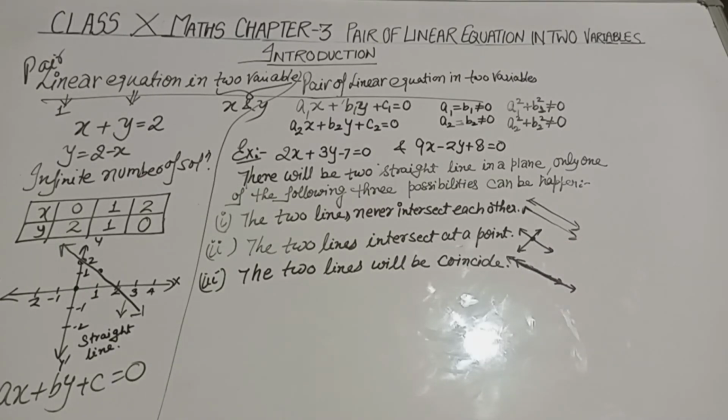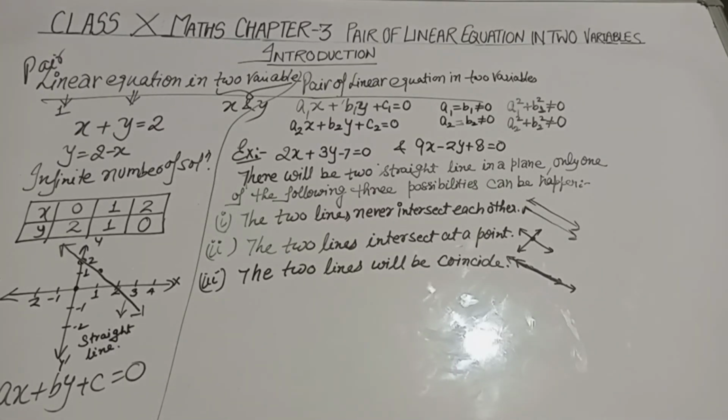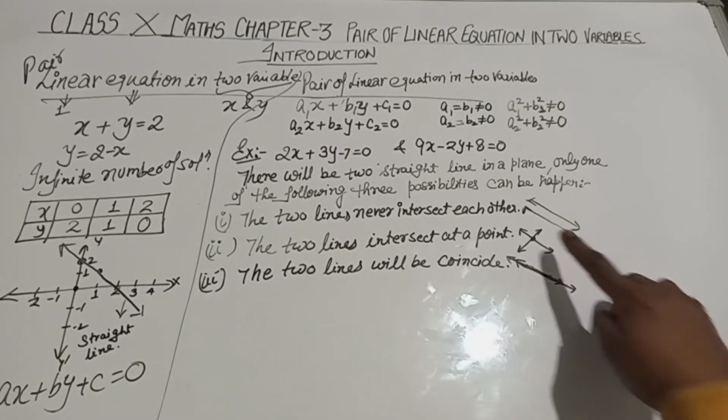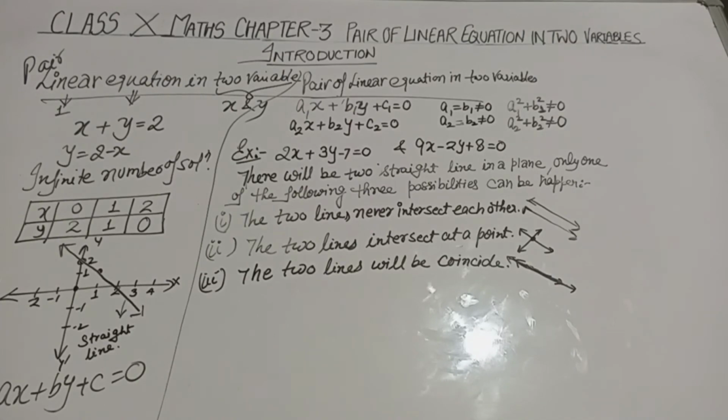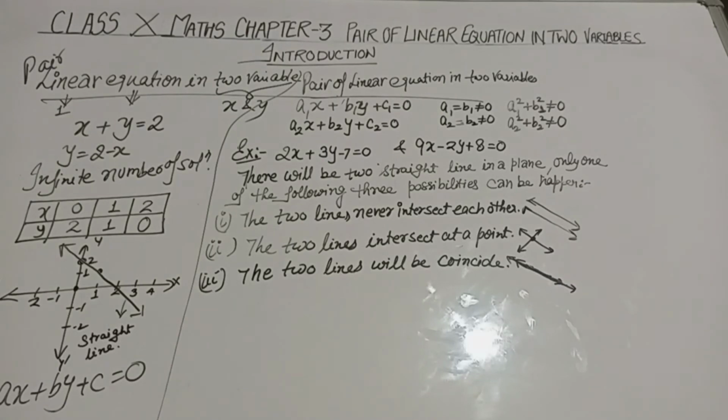These are the three conditions. When we draw a single two-variable linear equation, it makes a straight line, but with a pair of lines, the two lines never intersect, or the two lines intersect at a point, or both lines may be the same, meaning 2x plus 3y minus 7 and the second is also 2x plus 3y minus 7. So when we draw it, they overlap each other.